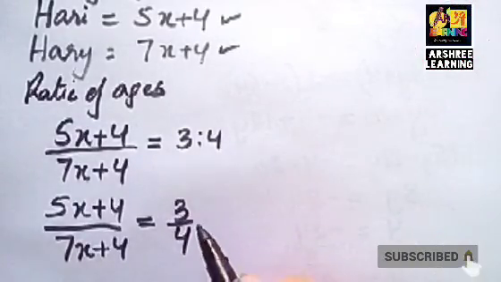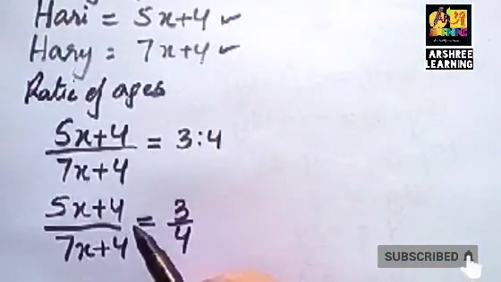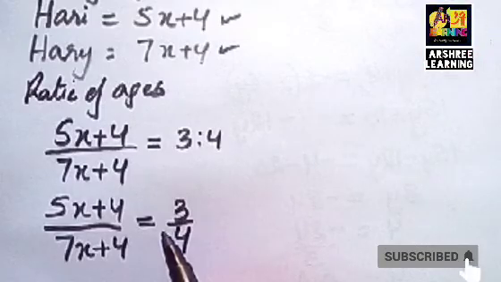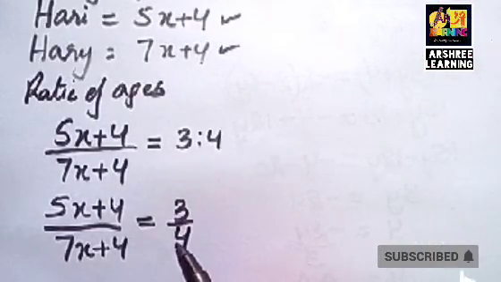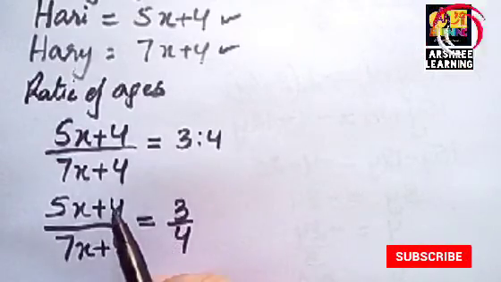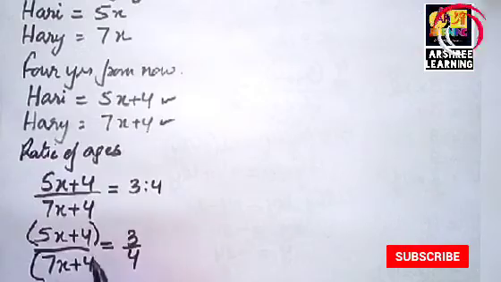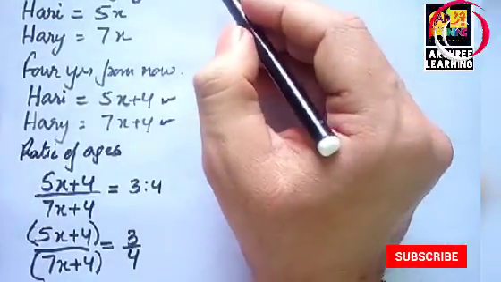Now you see it becomes like the beginning questions of this exercise. Now you have to just cross multiply the terms and then solve it. So we will cross multiply. When you cross multiply, 4 will multiply this, 3 will multiply here. You can keep any number on one side.